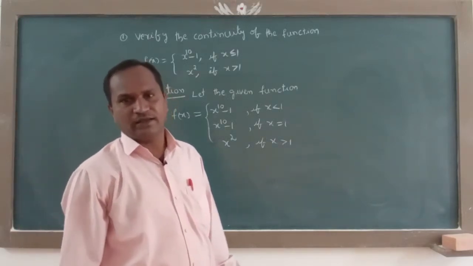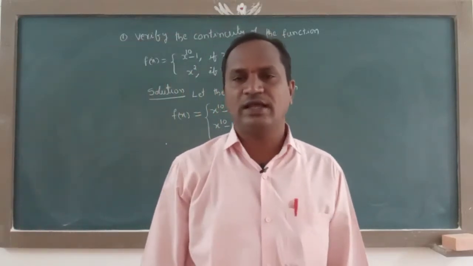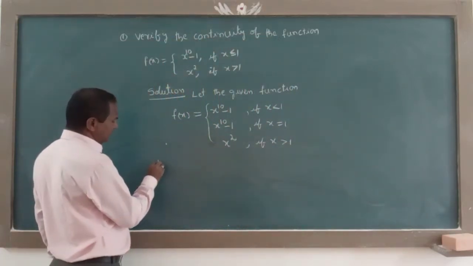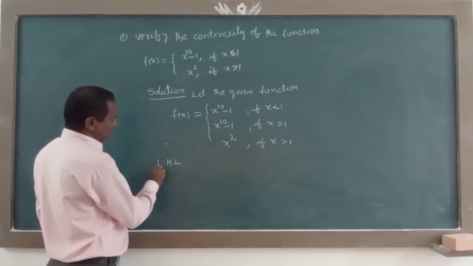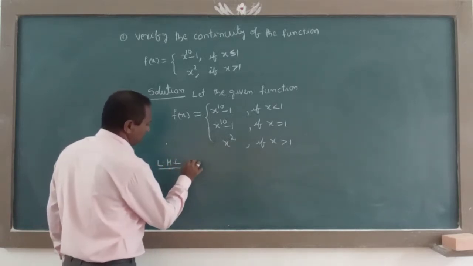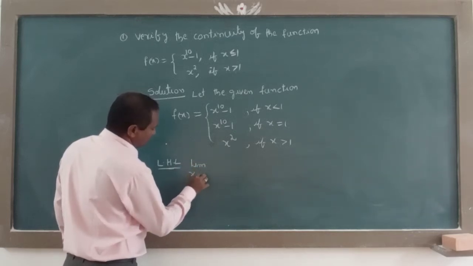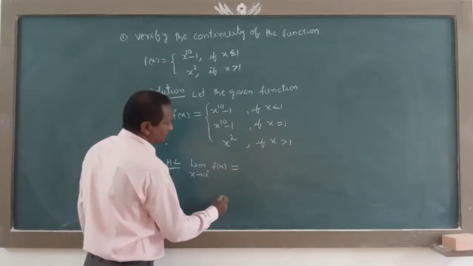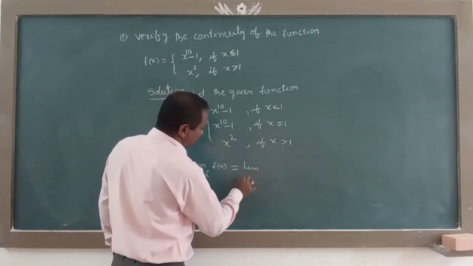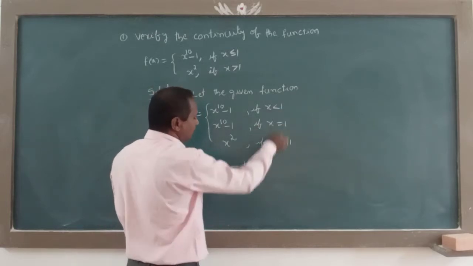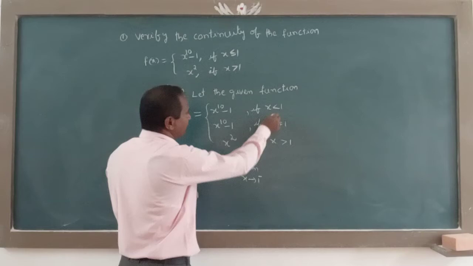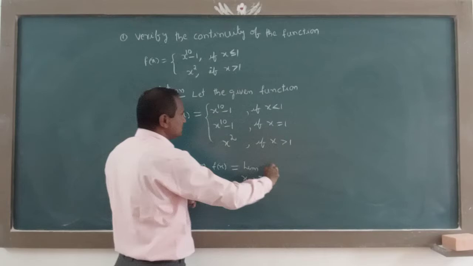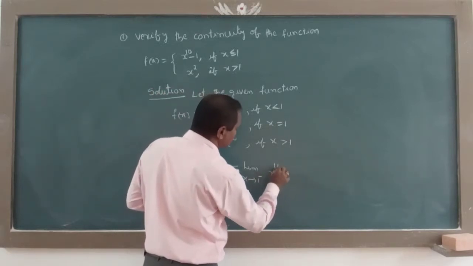Now we are going to find the values of LHL, RHL and function value. See here, LHL first, left hand limit. LHL formula is limit x tending to a minus f of x, which is limit x tending to 1 minus f of x. Corresponding to the less than symbol, the function we must consider for LHL is x power 10 minus 1.